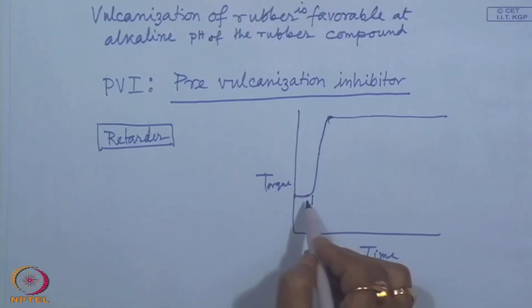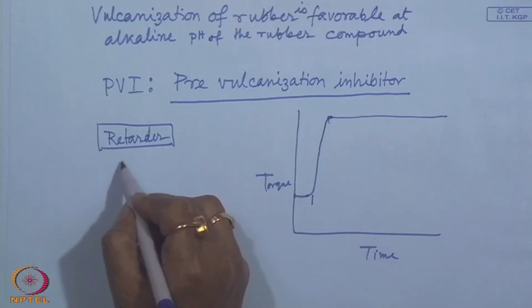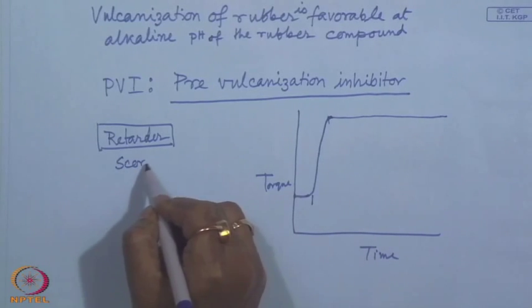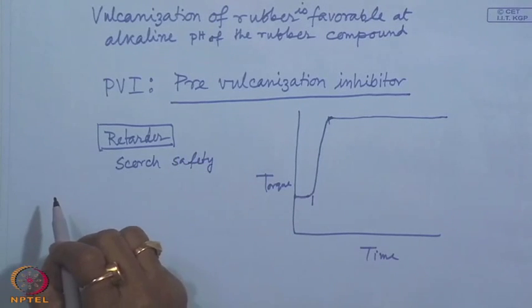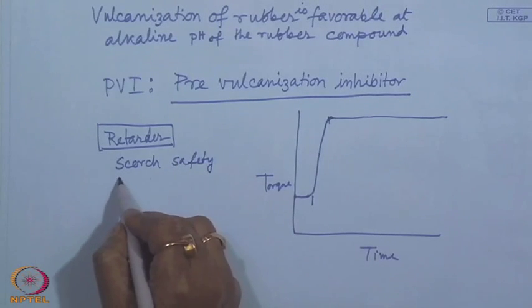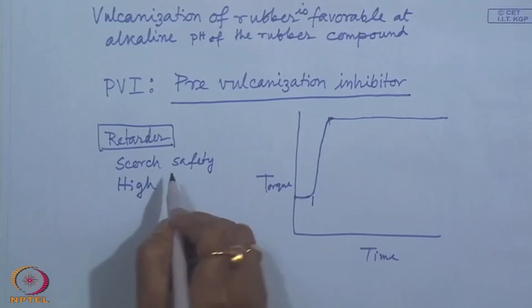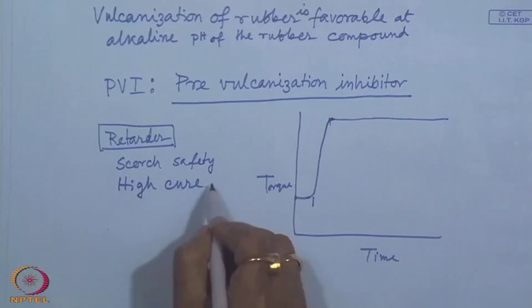during the compounding and fabrication period. That means the retarder will provide some scorch safety while maintaining the high cure rate, high vulcanization rate.